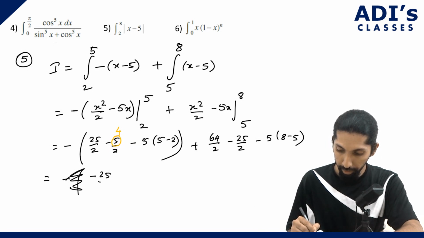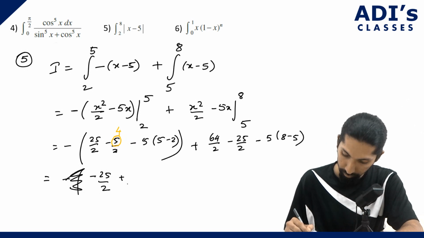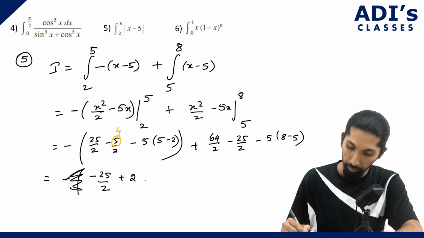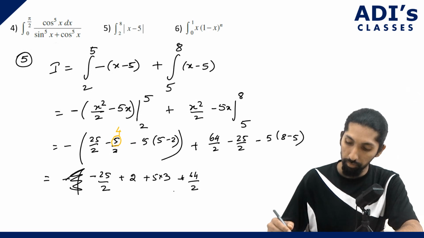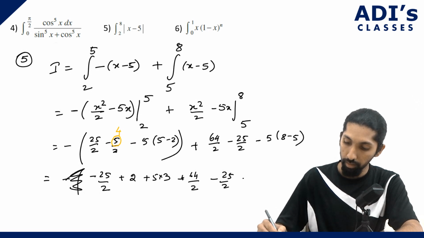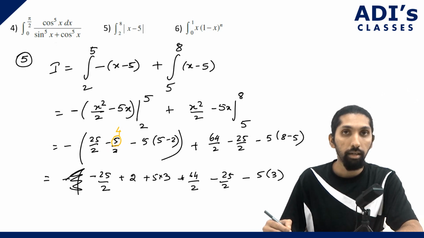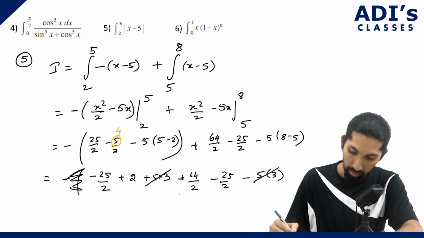Minus 25 by 2 plus 4 by 2 is 2, plus 5 into 3, plus 64 by 2, minus 25 by 2 minus 5 into 3. Correct? So plus 5 into 3 minus 5 into 3 cancels out.